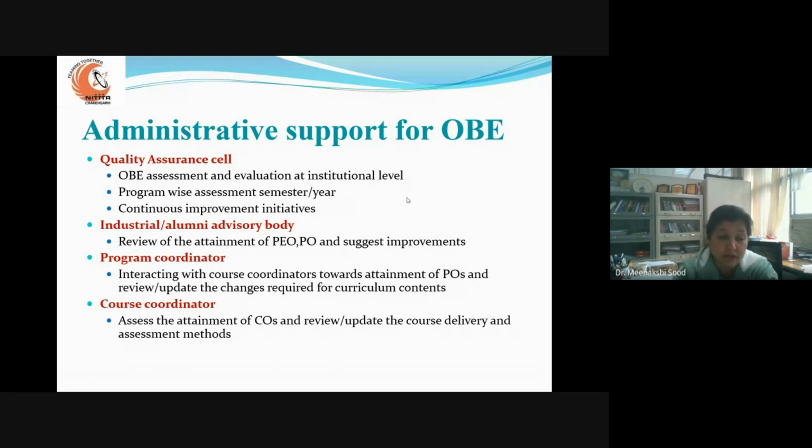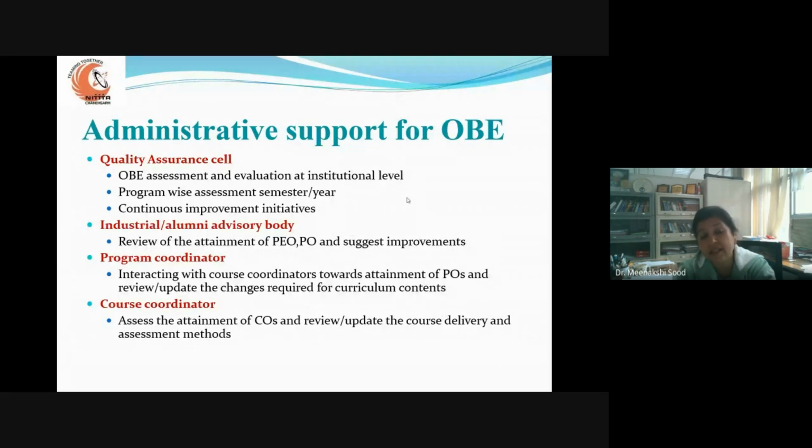Those who are already NAC accredited must be knowing about the IQAC cell. For those who are not, I'll just brief them. Every institute should have an internal quality assurance cell, which takes care of the quality of the system.